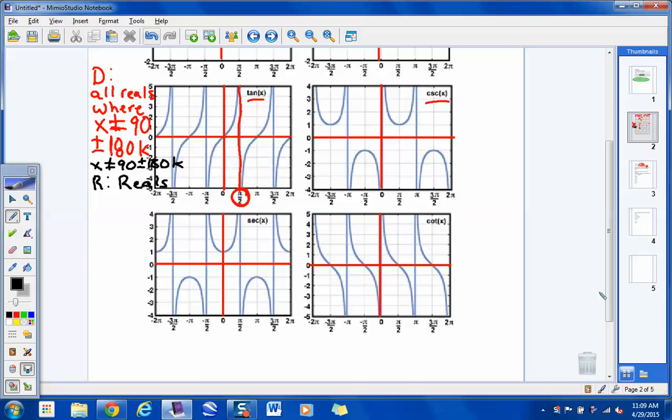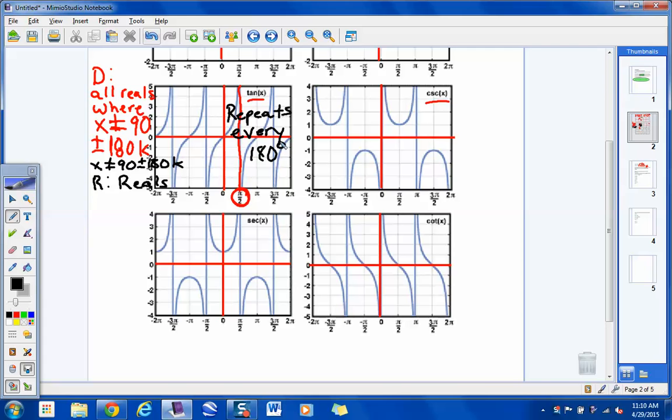Plus or minus 180k really says it repeats itself every 180 degrees. So I'll make a note right here: this repeats every 180 degrees.